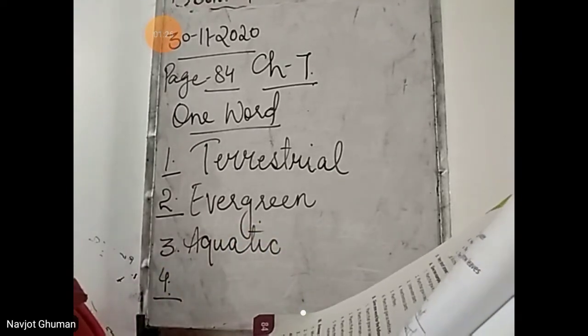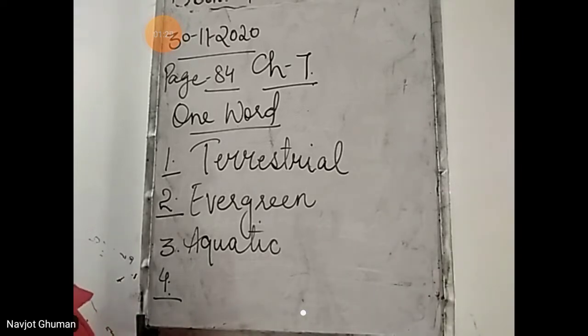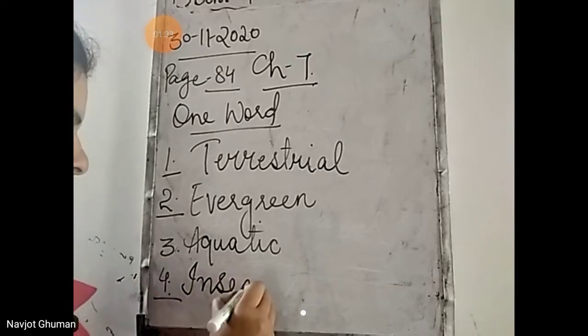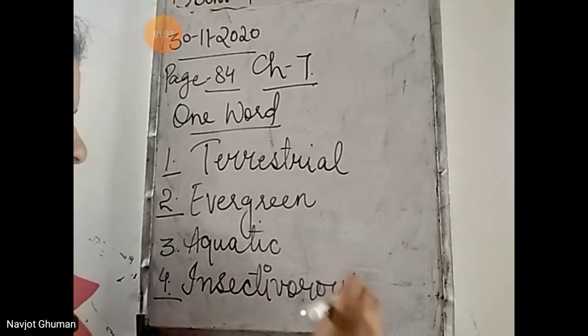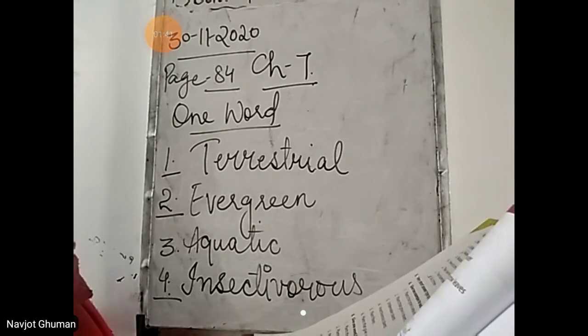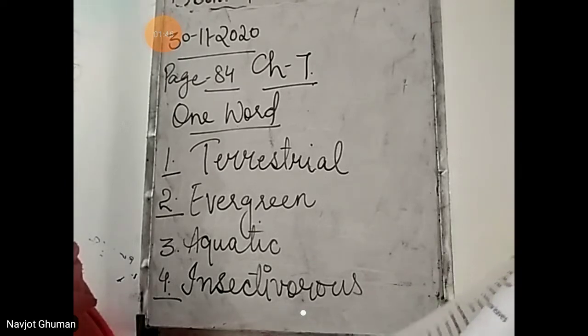Number 4, plants whose leaves are modified to trap insects. They are called insectivorous plants. And the last one is plants that cannot make their own food and absorb nutrients from dead plants and animals.